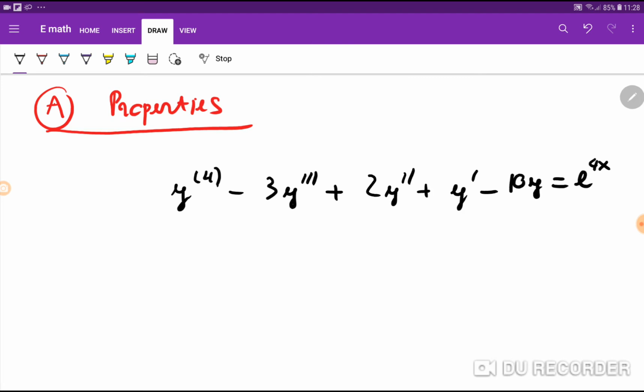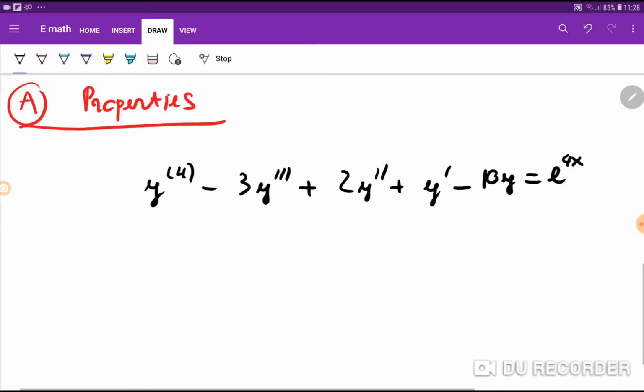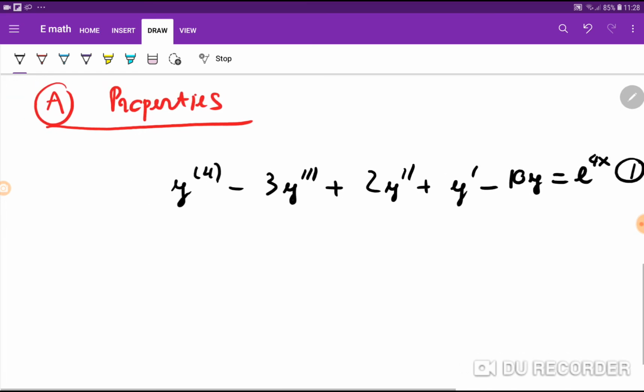Now, in the language of derivative operators, you write differential equations differently. I will tell you some basic properties, and we're going to write the differential equation in the language of the derivative operator.